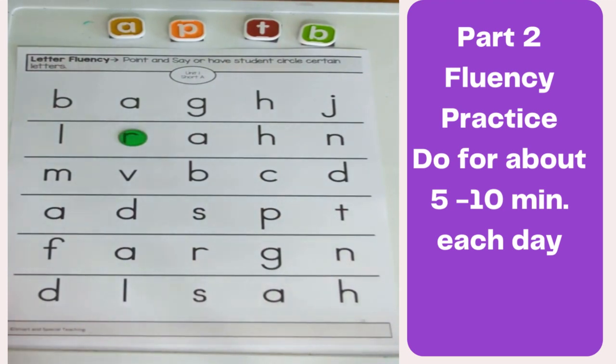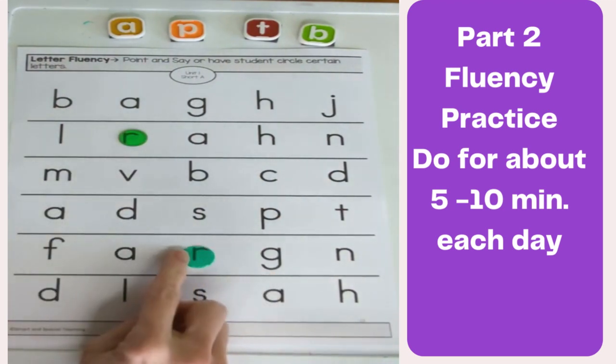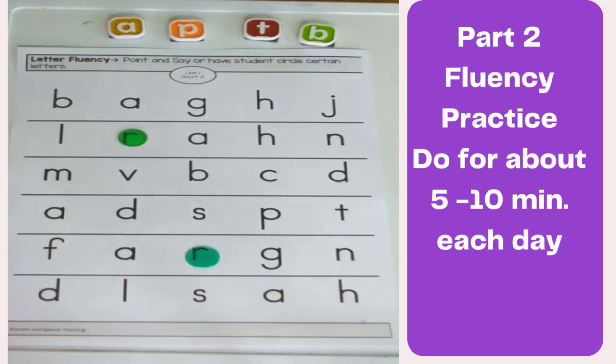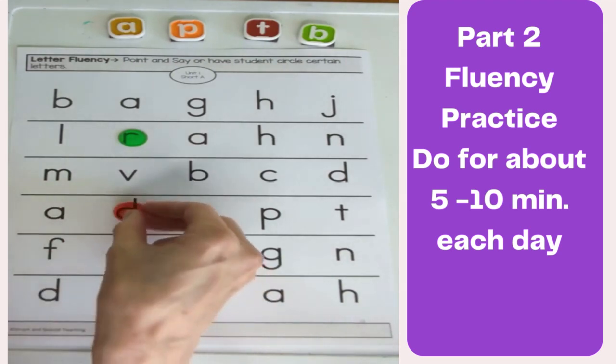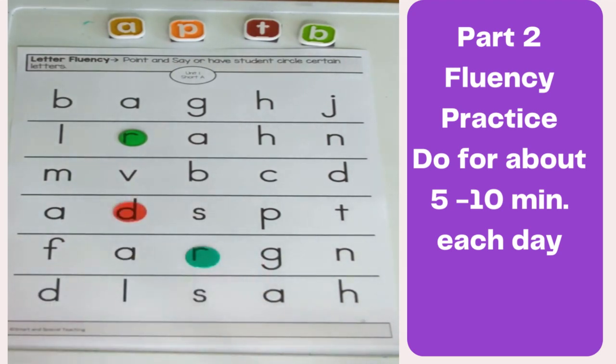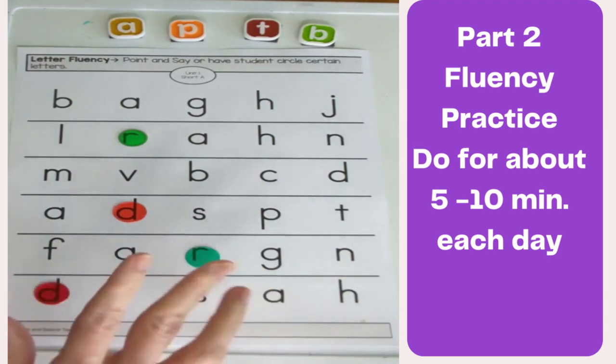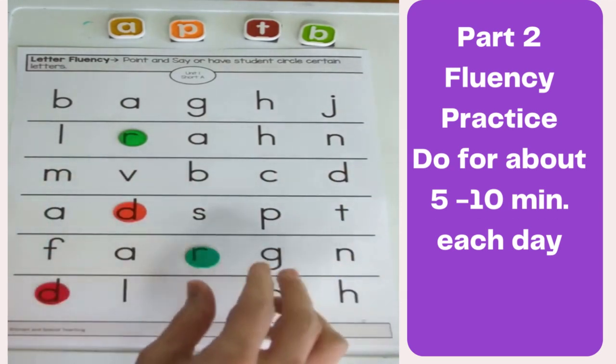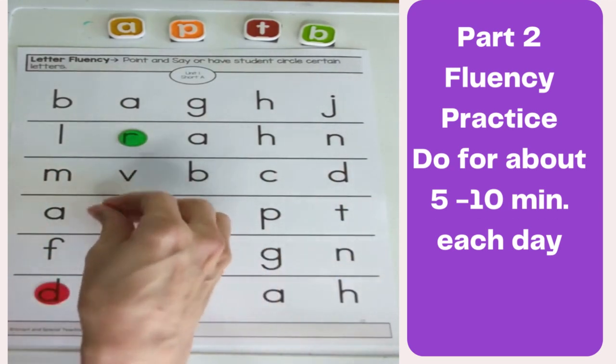All the sounds are going to be green, and then you could say, okay, find the D and put a red token on the D. So you can use these in creative ways, but normally I just go through quickly and have the students point and say the sounds.